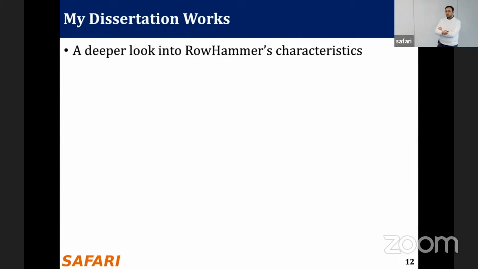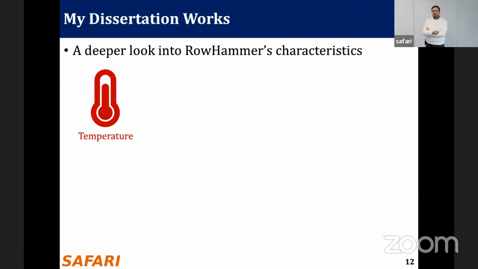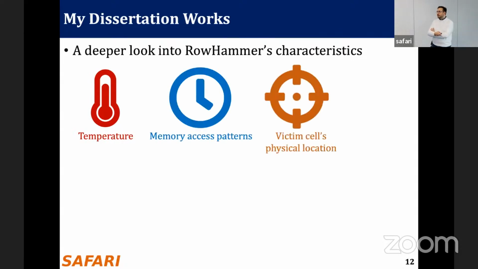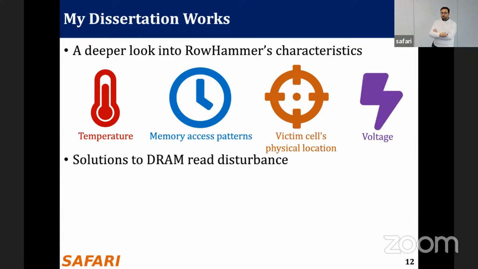Okay, so still to give the big picture, I'm going to mention the other works that I did during my dissertation PhD research. The first one was a deeper look into RowHammer's characteristics in terms of its characteristics under varying temperatures, memory access patterns, victim cells' physical location within the DRAM chip, and change in the voltage.